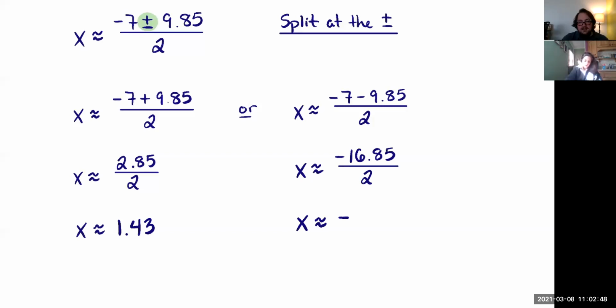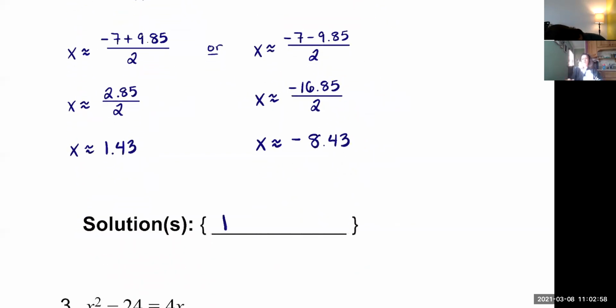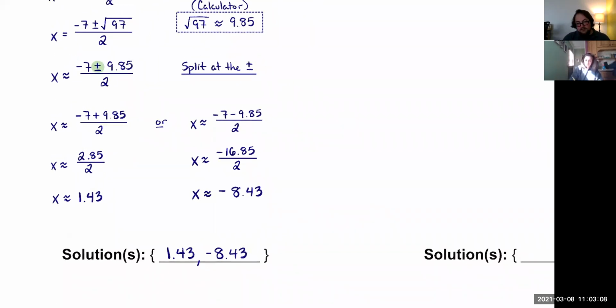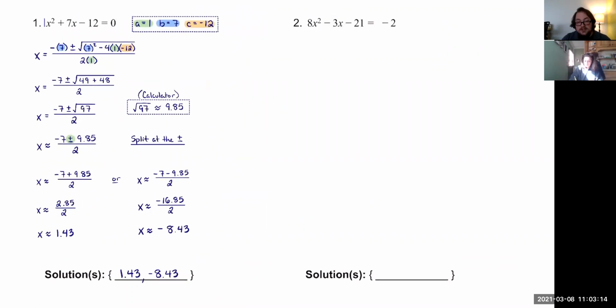I'm guessing it's -8.43. So like that, we get two solutions, 1.43 and -8.43. Took a bit of work. It took a lot of organization, but just like that, we solved the problem.